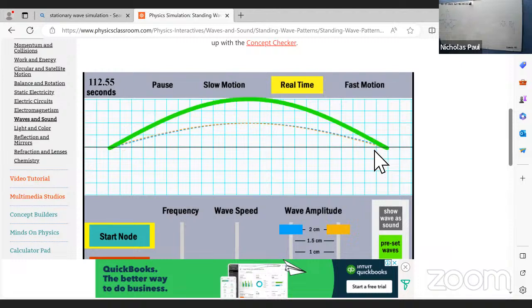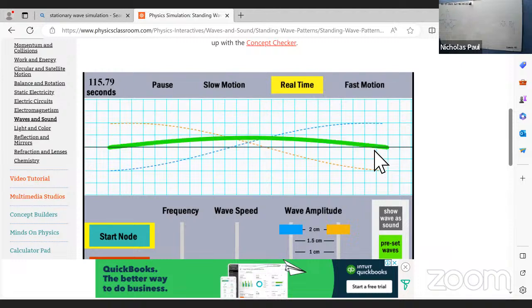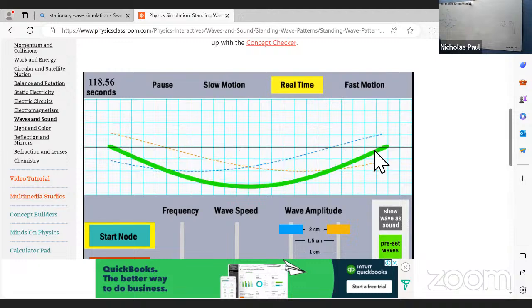I'm going to adjust the frequency now of the blue and the red, and let's see what will happen.